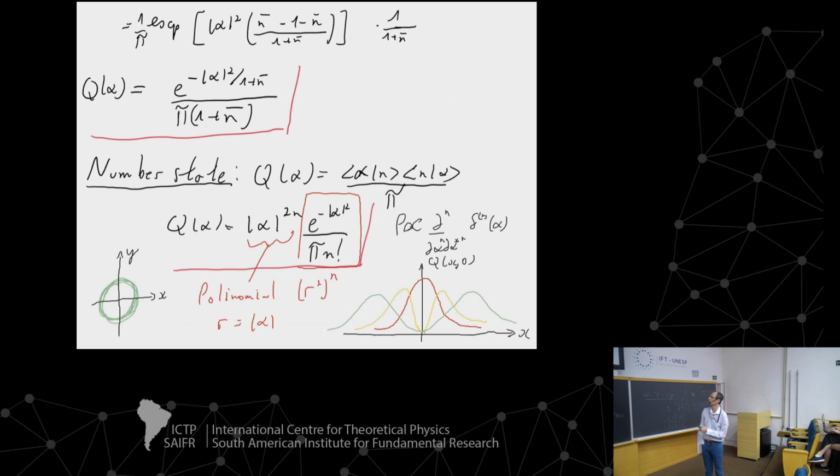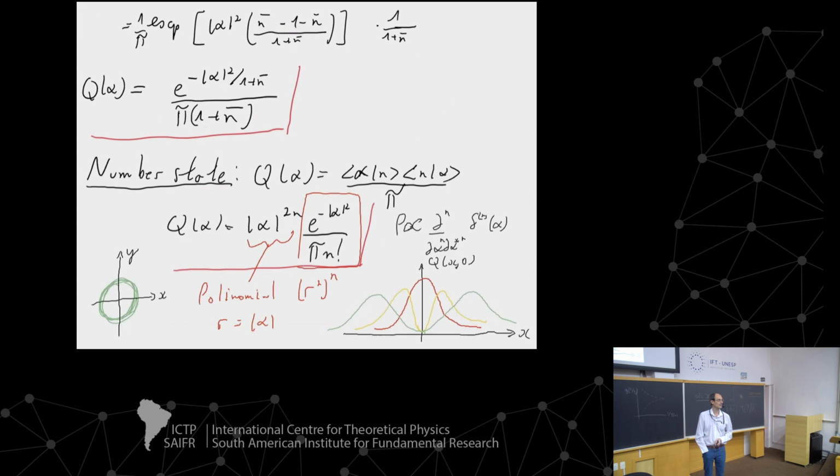So the position here will be increasing given the growing number of photons. And it will be symmetric with regard to the origin of your complex plane. So it's nice. It's easy to calculate. It's pretty immediate.